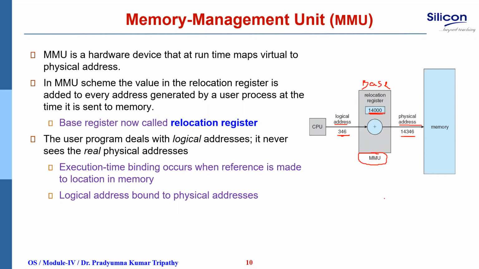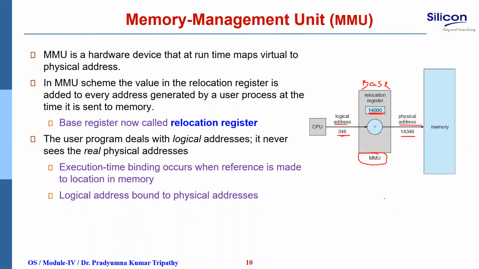In the memory management unit scheme, the value in the relocation register is added to every address generated by the user process at the time it is sent to memory. So the base register is now called the relocation register.